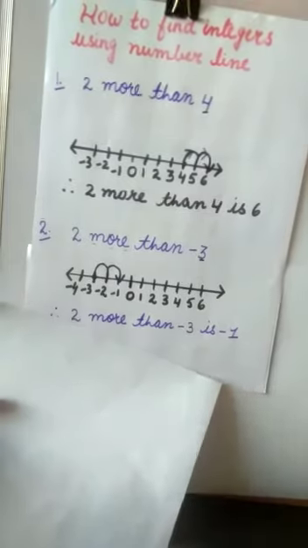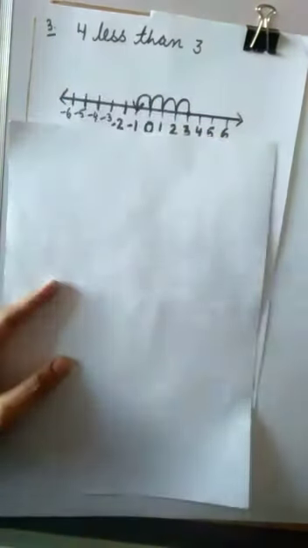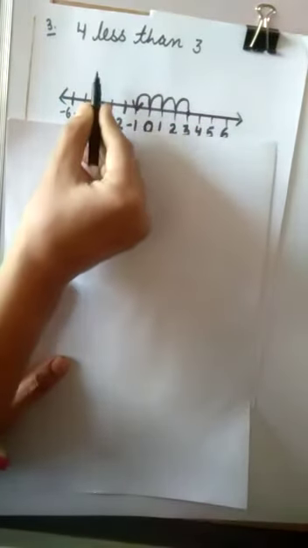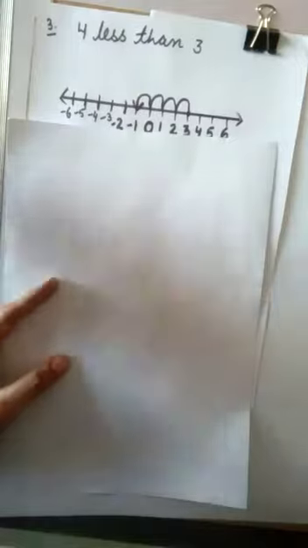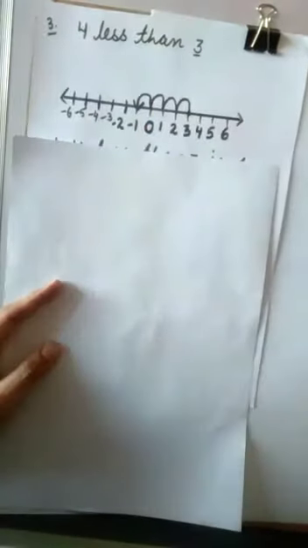Now I'll take some more examples. Now it's 4 less than 3. Anytime you have less, that means whatever you have, you will be getting less. So if we are getting less, that means we have to mark it on the left hand side. So we will start our journey from point 3 and we have to mark the numbers more on the left hand side.